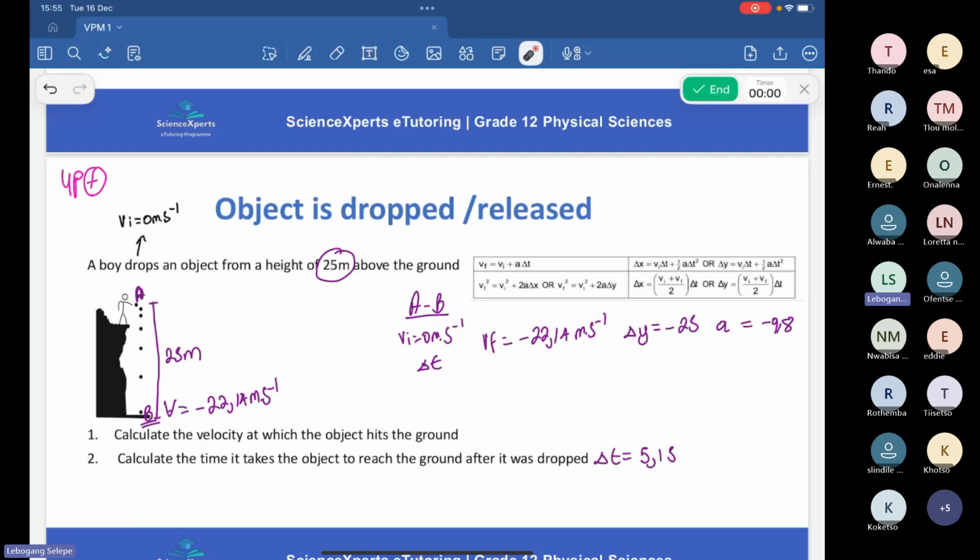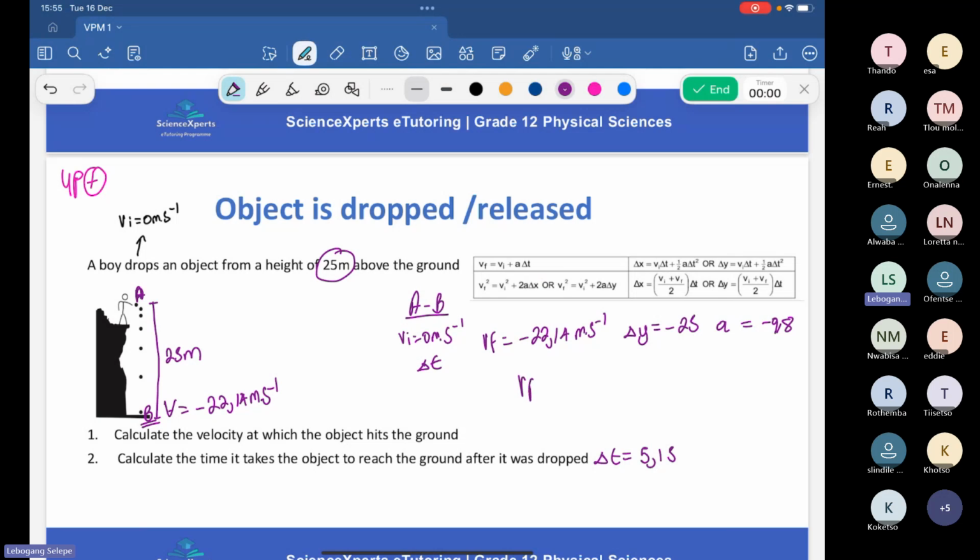I would rather go with the one that has change in y, because Vf is a variable that I calculated myself and it might be wrong. But either way, we already know that it's correct. So we can also choose a formula that has Vf. So we can go with Vf equals Vi plus acceleration times change in time.